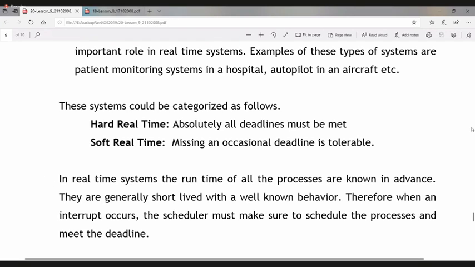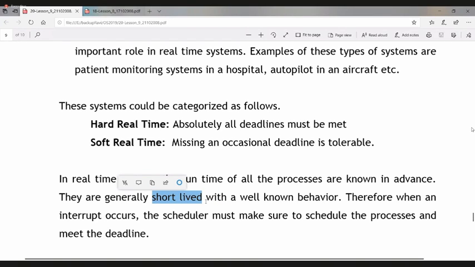Then in real-time systems, the runtimes of all the processes are known in advance. So for a real-time process, we know how long it will take. They are generally short-lived with well-known behavior, right?